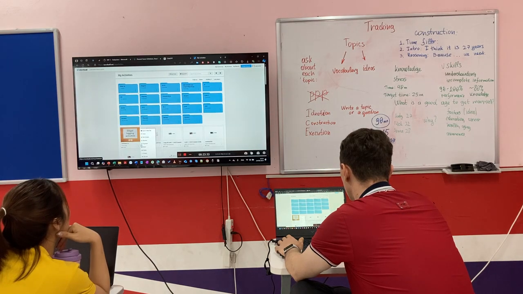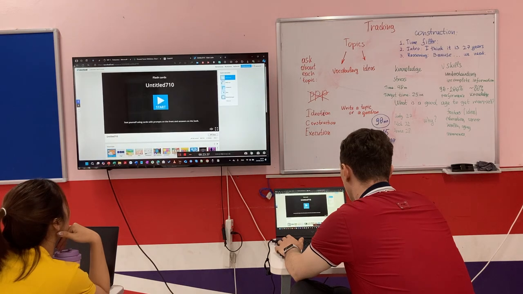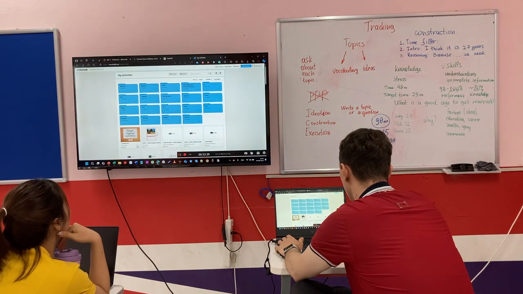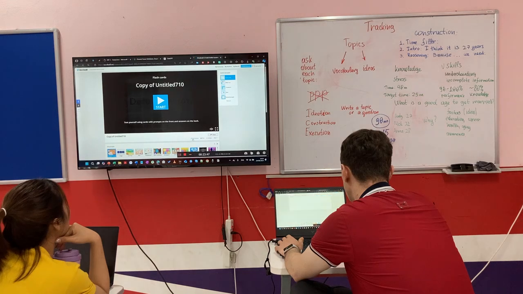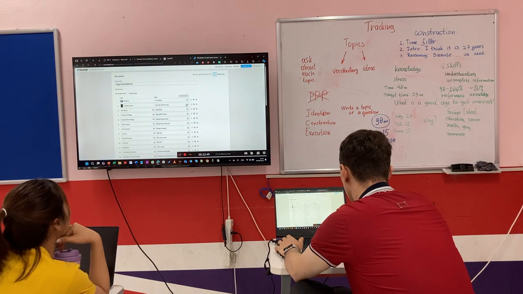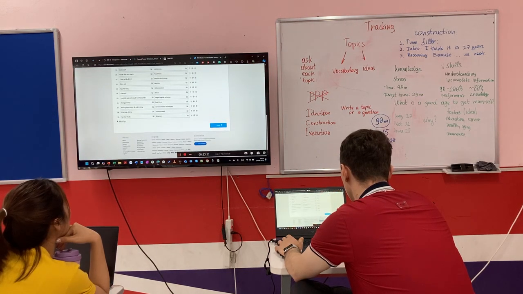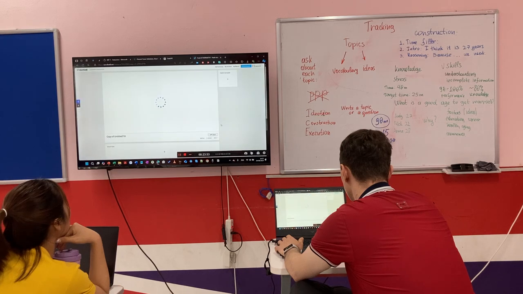So we duplicate it. Now we can swap it. Now Vietnamese goes first. So now it will ask in Vietnamese, and they can answer in English, for example, crossword.